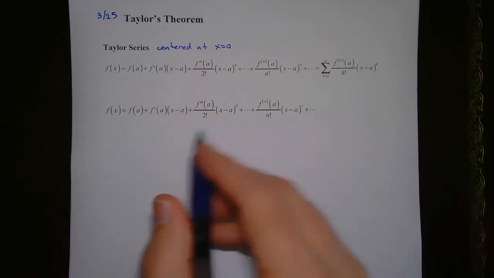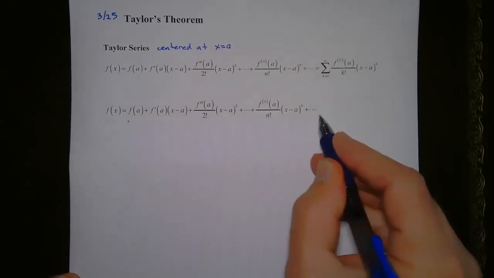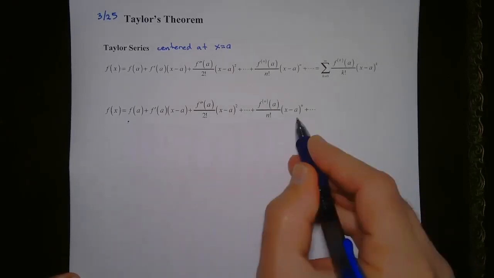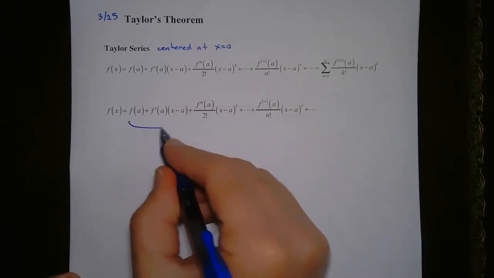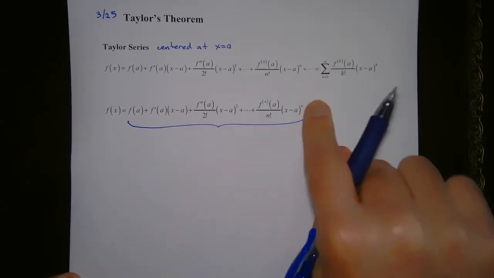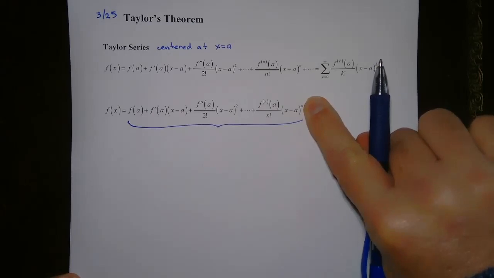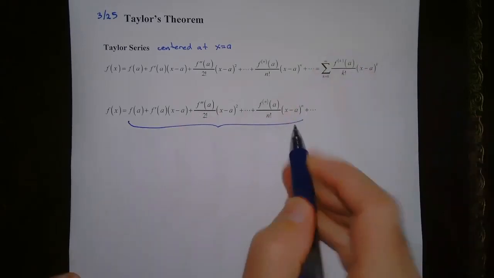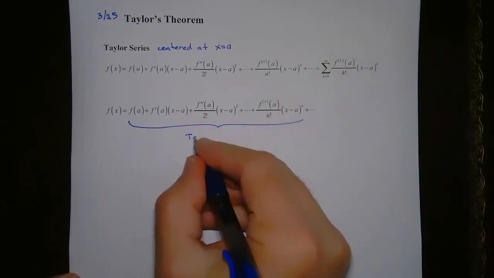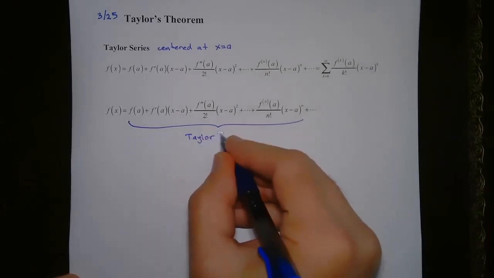What I want to do is this: if f of x is equal to all of this Taylor series, and right from here to here we stop it, I'm going to put it right there. We would say f of x is approximately this Taylor polynomial of order n.